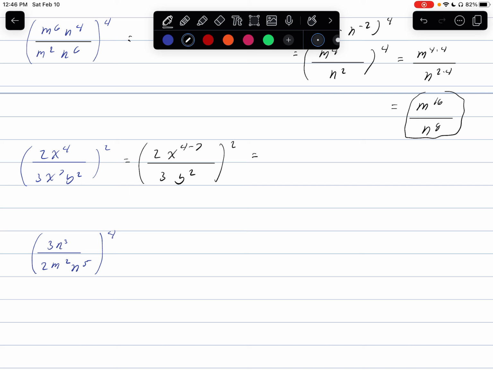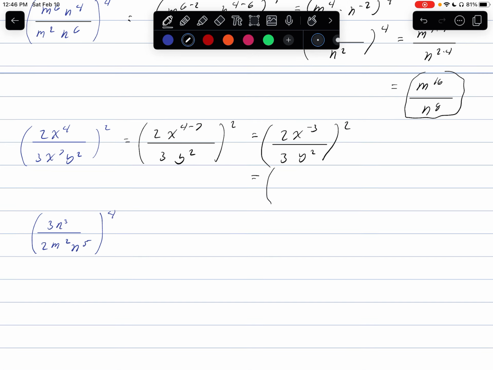Then 2 times x to the 4 minus 7 is 2x to the negative 3 over 3 times y squared. We're squaring it still. We can bring that x to the negative 3 and send x to the third to the denominator and make the exponent positive.